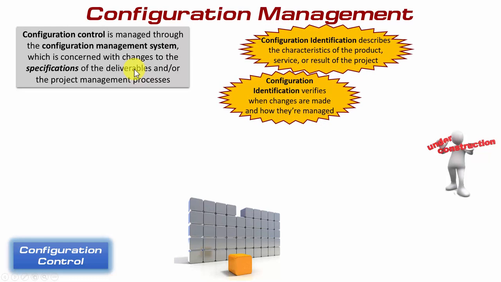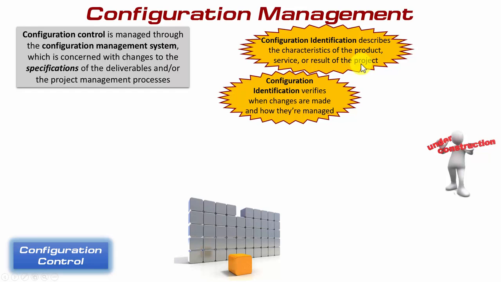So just quickly looking at the main elements of configuration management. There's a step called configuration identification, and this describes the characteristics of each product, service or result of the project. You're familiar with the use of the work breakdown structure, and at the highest levels you have the different products, so that an end product may be a computer system or a car, for example, but it will consist of many sub-elements within it.